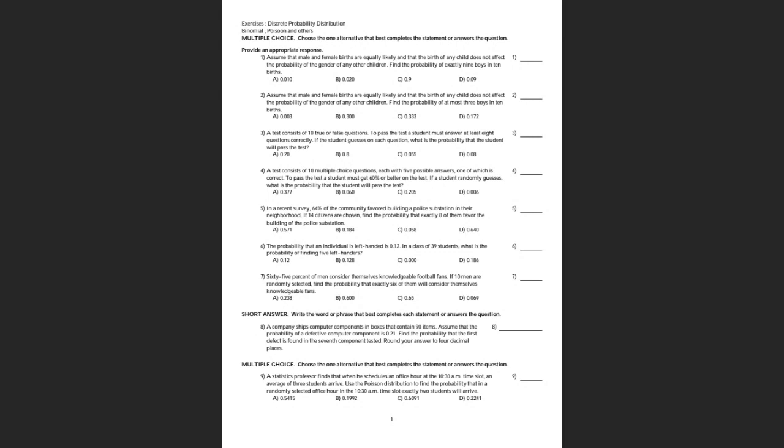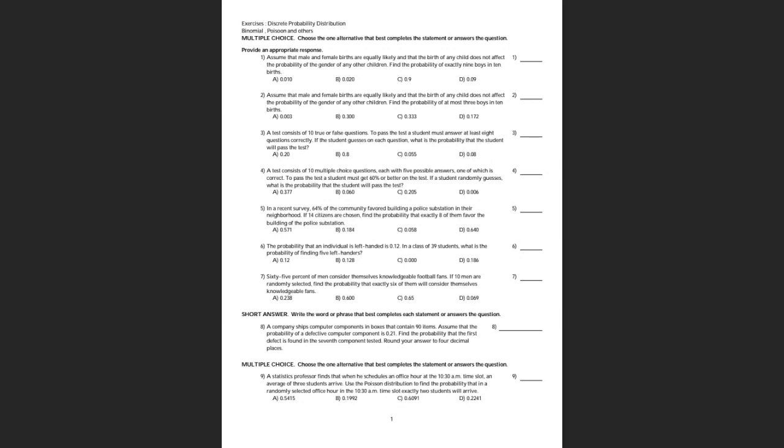Okay, some examples that we need to check. Assume that the male or female birth are equally likely. That means it has the same probability, in that case 0.50, and that the birth of any child does not affect the probability of the gender of any other children.